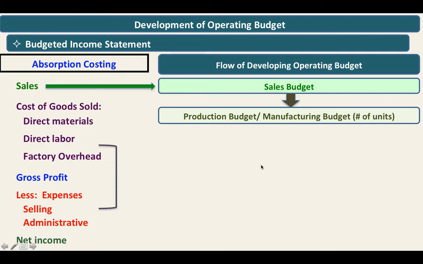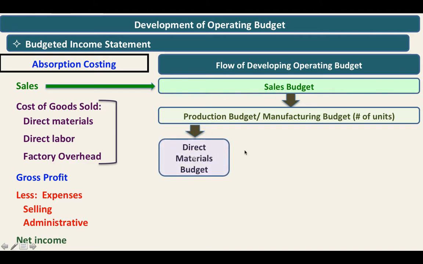Now after determining the number of units to produce, since it is based on the sales budget, we will have to project the direct materials that will be needed for the units to be produced.